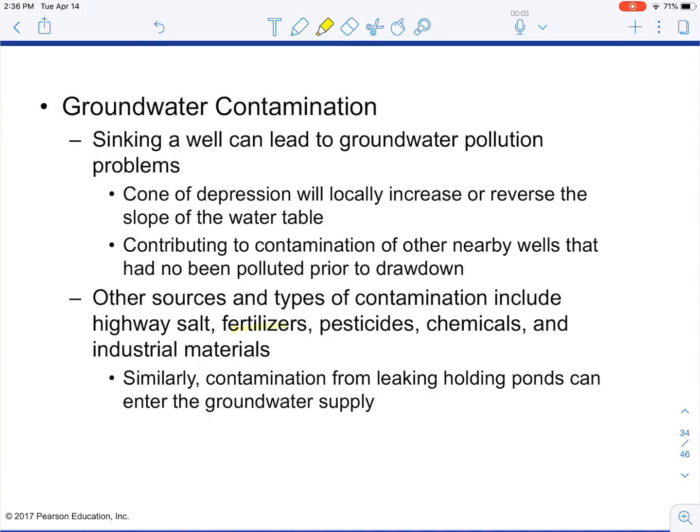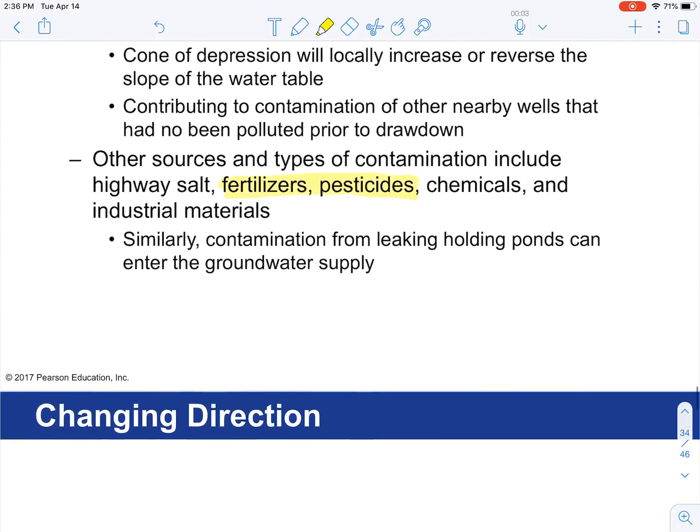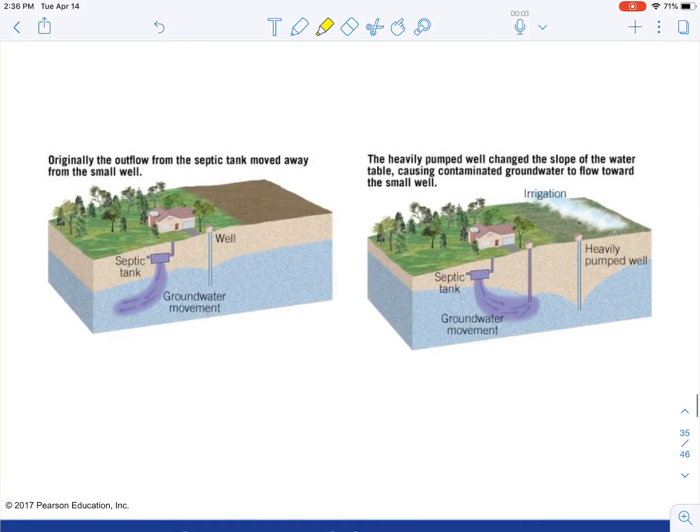So we have lots of farms in Ohio, and those farms use fertilizers and pesticides and herbicides to keep all the nasties away. And unfortunately, these can contaminate groundwater. It can lead to a lot of problems that we'll explore when we talk about surface water too. So we don't want these chemicals leaching into our groundwater supply.